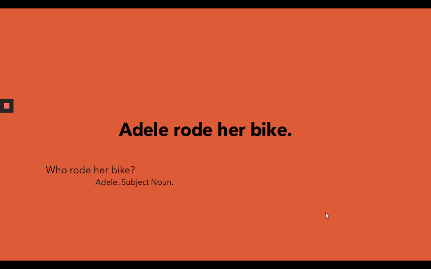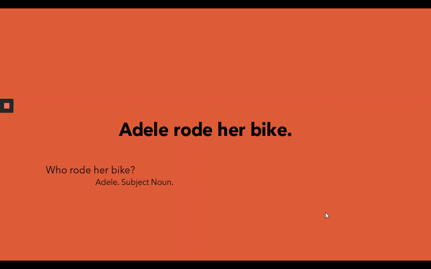So let's look at an example using this sentence, Adele rode her bike. We're just going to go through the question and answer flow, and I'm going to add in all these different parts so you guys can see how they work, because I think it makes more sense to think about grammar in context of sentences than to think about them as their individual parts. So we'll read our sentence. Adele rode her bike.